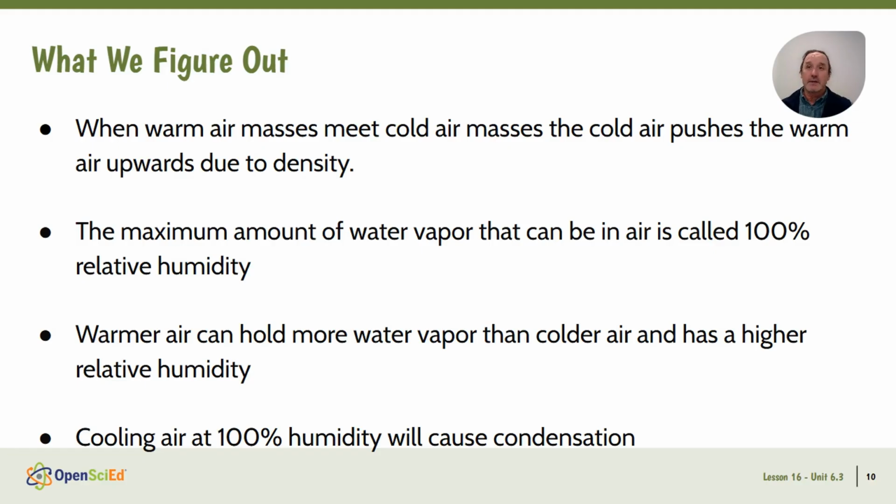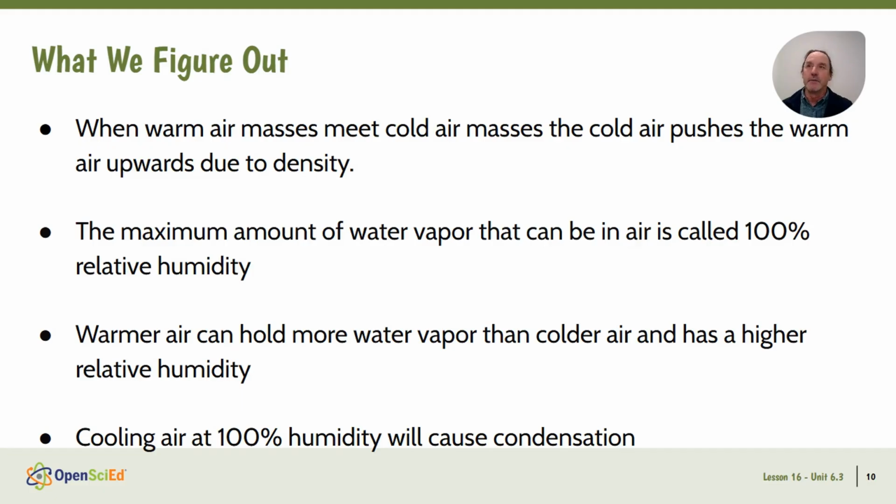The most amount of water vapor that can be in air is called 100% relative humidity, and warmer air can hold more water vapor than colder air, so it can have a higher relative humidity. If you cool air that is already at 100% humidity, it will cause condensation to occur. Those are the key figurings out from lesson 16.